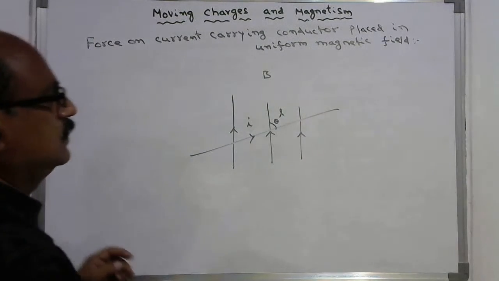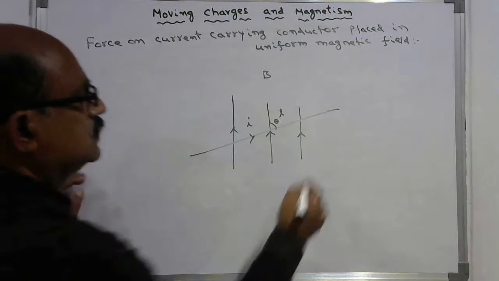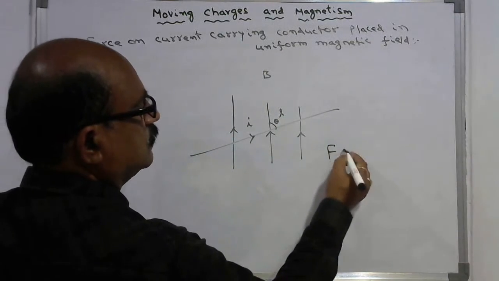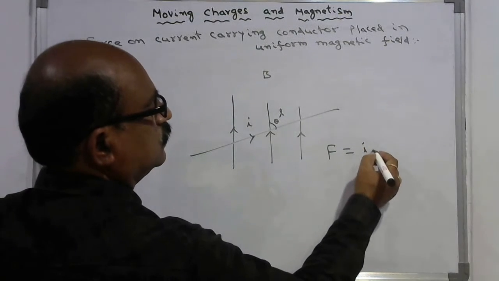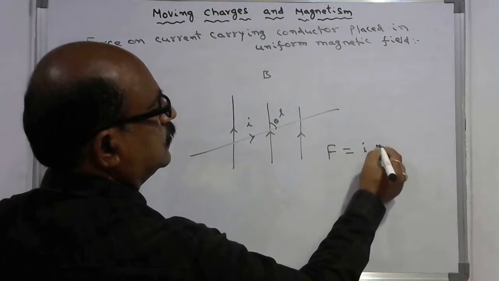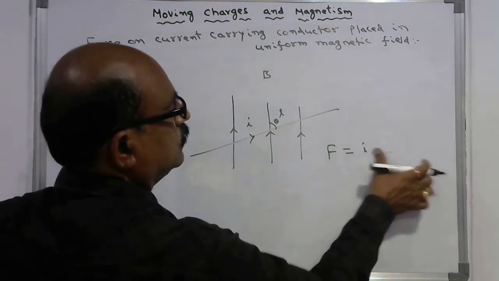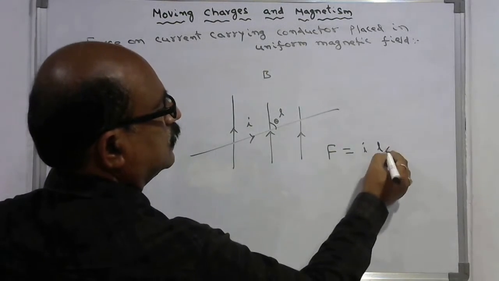Then the force experienced by this conductor, F, is equal to I into dl cross B, or simply you can write I L cross B.